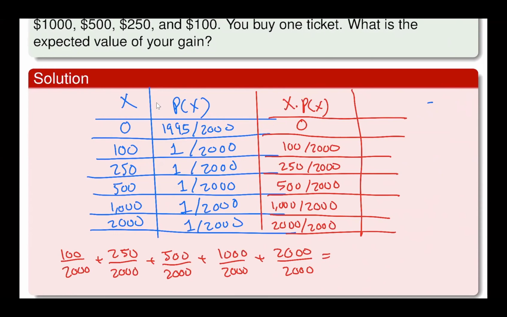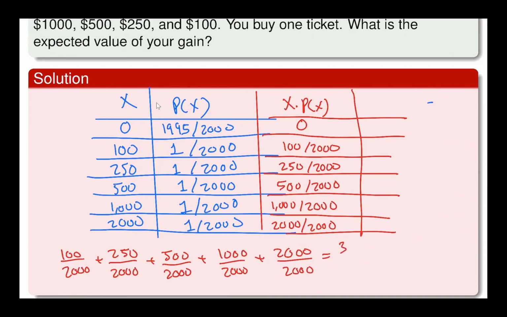So you want to do 100 plus 250 plus 500 plus 1,000 plus 2,000. Let me do that in my calculator.